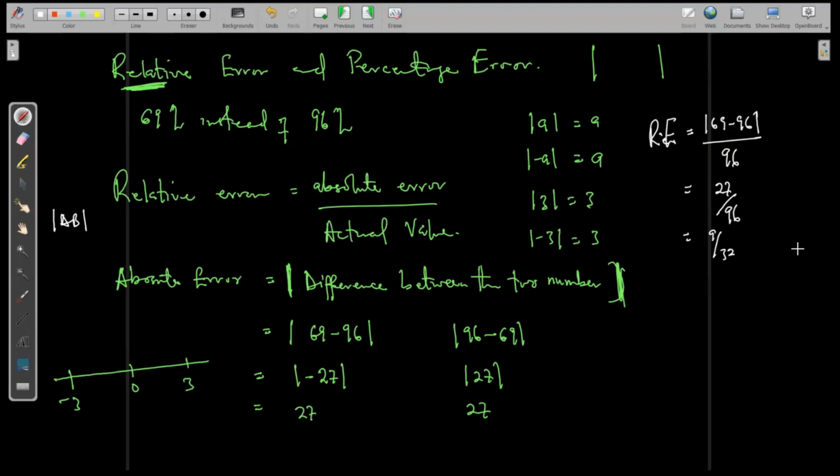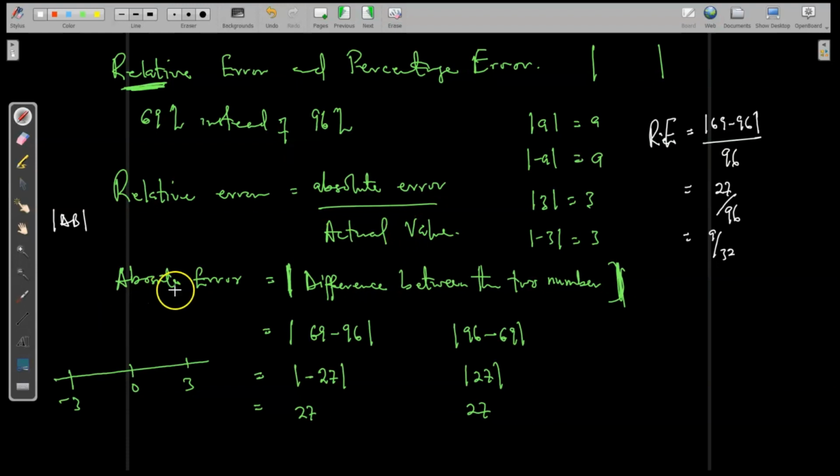Please, what's the difference between relative error and absolute error? Relative error simply is a fraction of absolute error and the actual value.